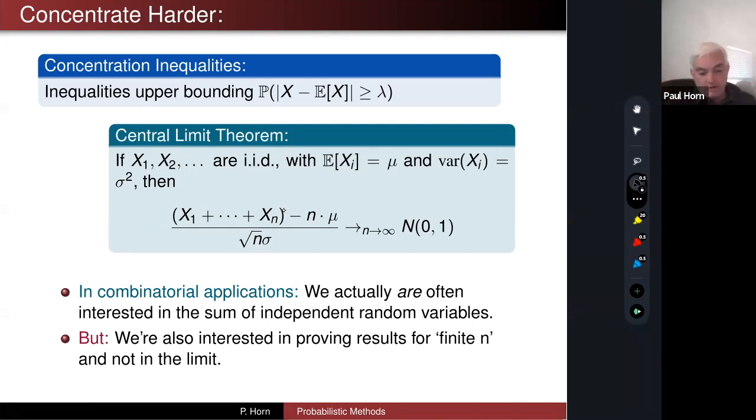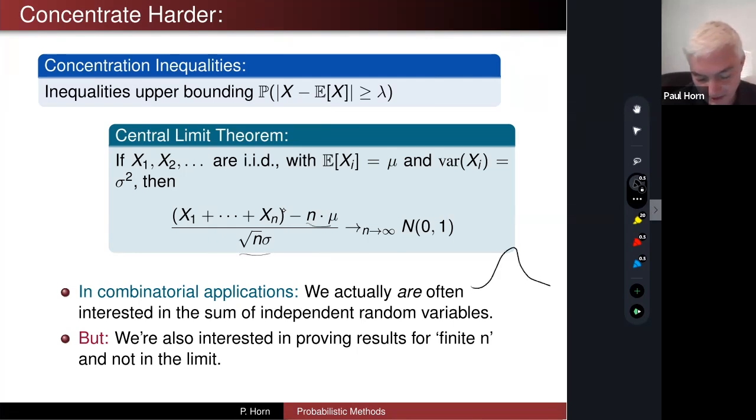So if I have a bunch of random variables that are IID, that means independent and identically distributed, so I have some expectation and some variance, then actually if I take this sum and I normalize it so that it's mean 0 and variance 1, that's what all of this is doing, then this converges in distribution to a standard normal random variable.